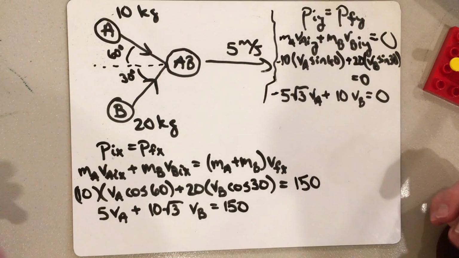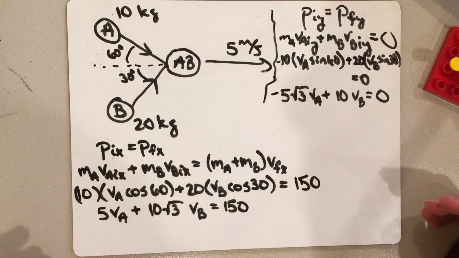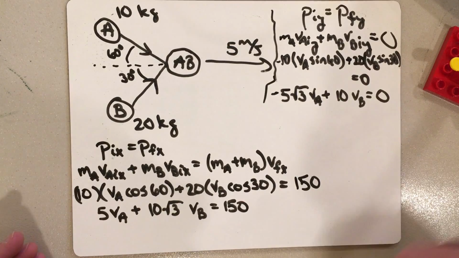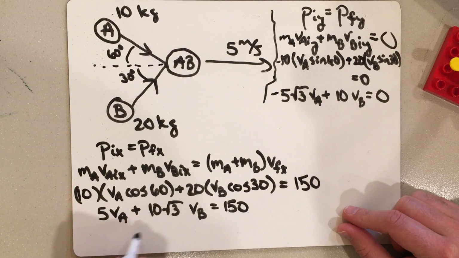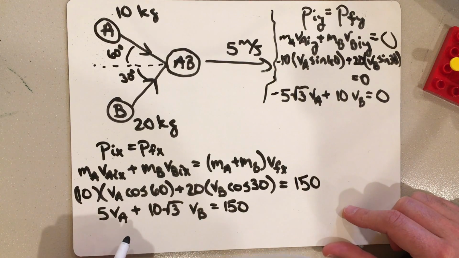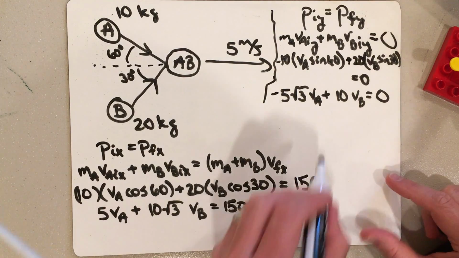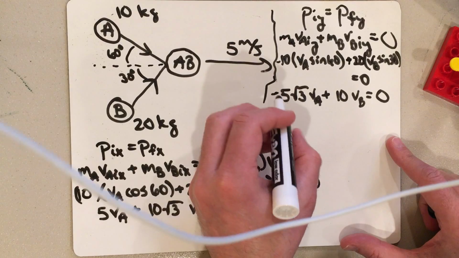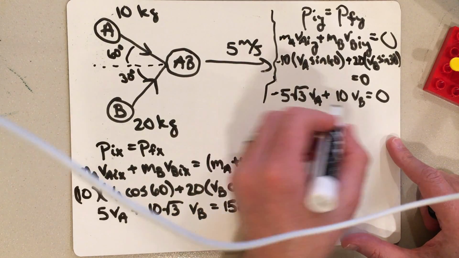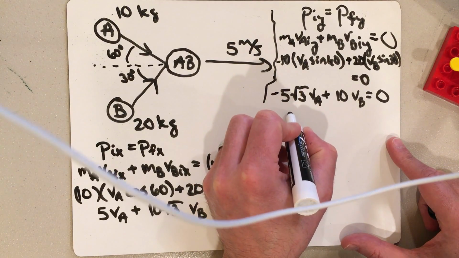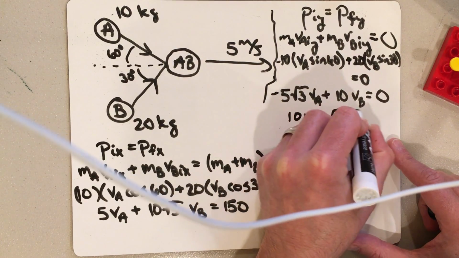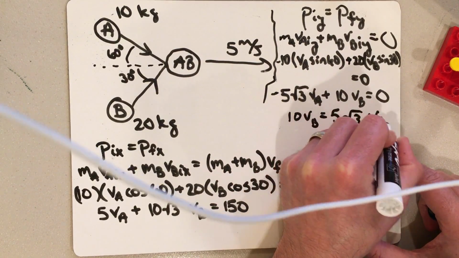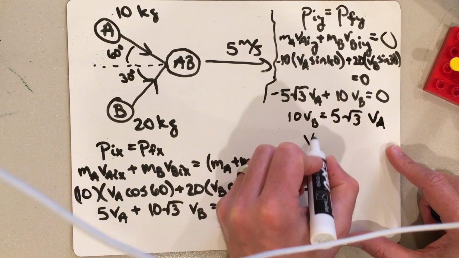And now, all we have to do is solve for one of the unknowns in terms of the other, and then substitute it to get the answers. Actually, as I look at it, this would be the easier one to do. So we can easily solve for VB. We're going to have 10 VB equals 5 root 3 VA, divided by 10.